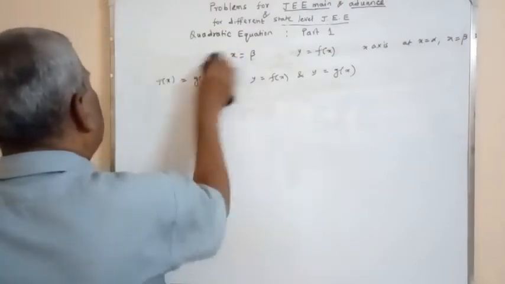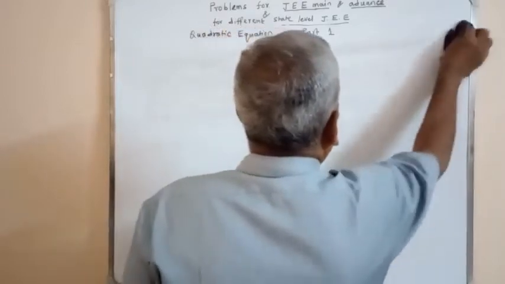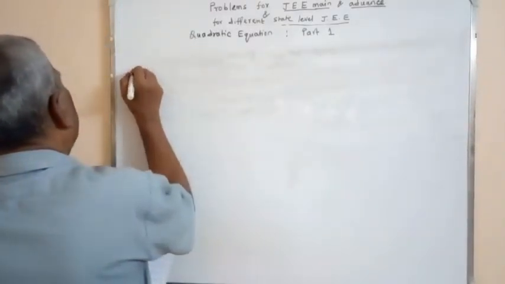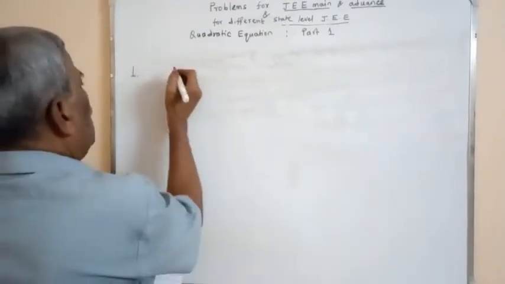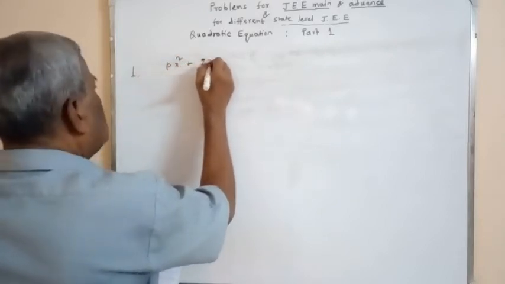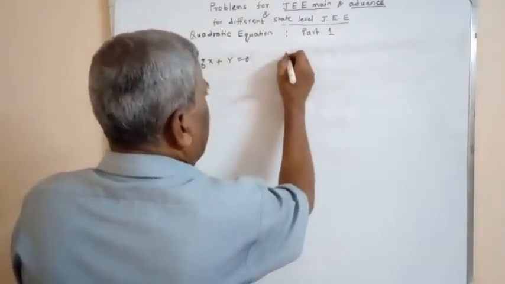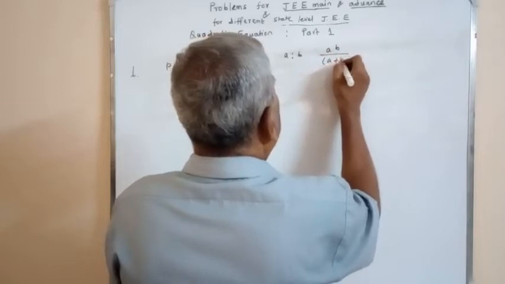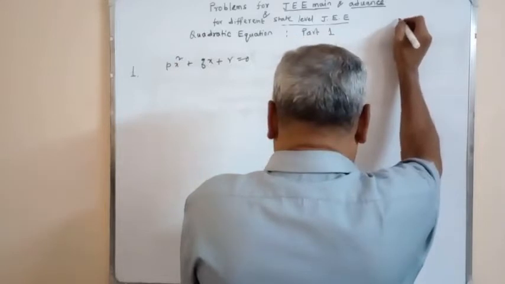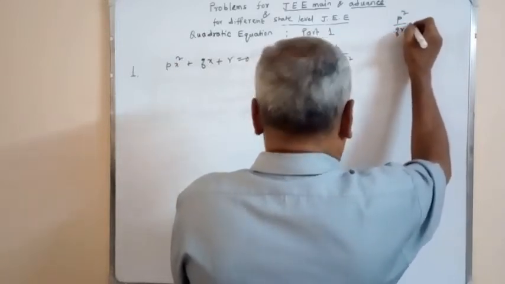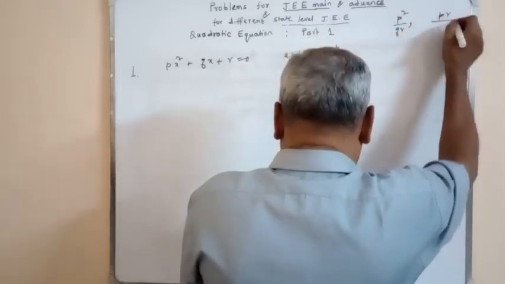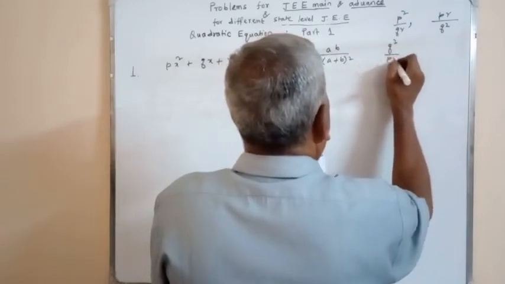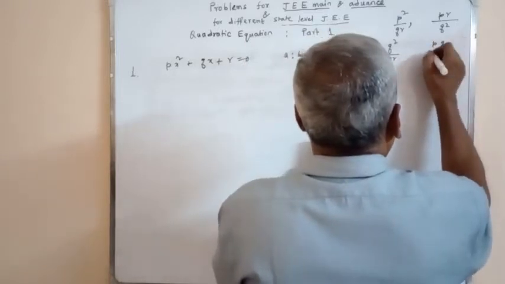First problem, problem number 1. If the ratio of roots of px square plus qx plus r is equal to 0 be a is to b, then the value of ab by (a plus b) whole square is: option a, p square by qr; option b, pr by q square; option c, q square by pr; and option d, pq by r square.